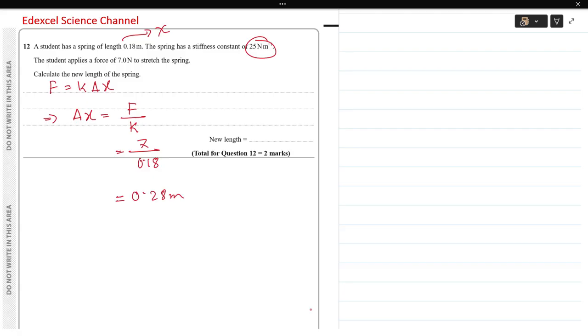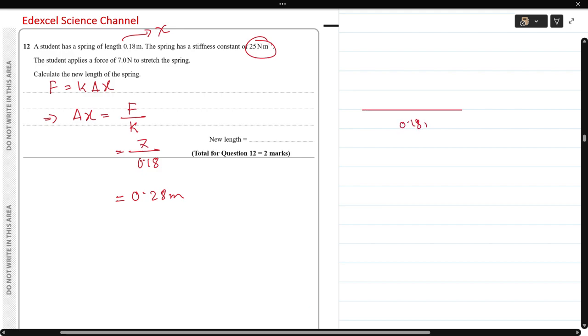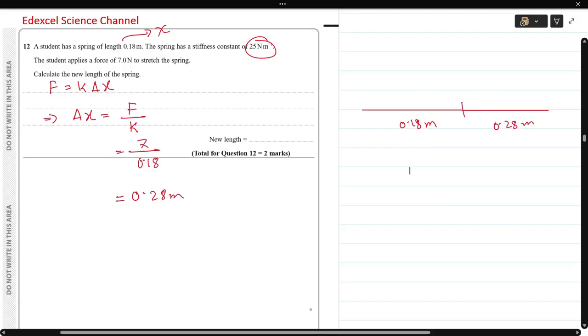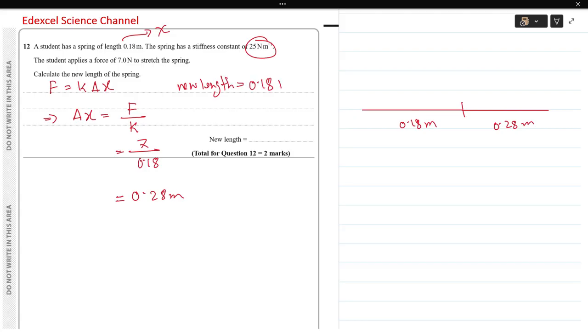So if initially it was 0.18 meters, now it has been extended 0.28 meters. To find out the new length, all we have to do is add both of them. So the new length is 0.18 added with 0.28, which should be 0.46 meters.